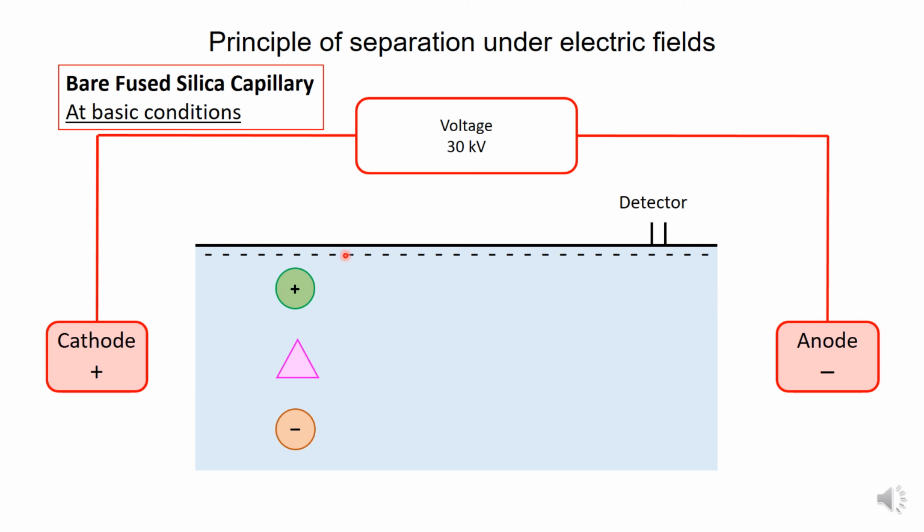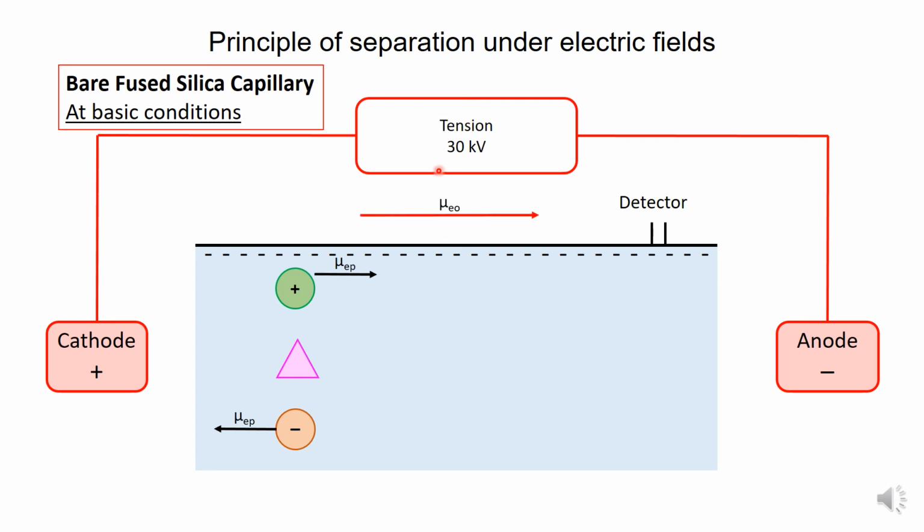So we have a deprotonated silica capillary, and then we have, of course, the electrophoretic mobility of our compound. And remember, the cation has an electrophoretic mobility in that direction, the anion has an electrophoretic mobility in that direction, and the neutral has no electrophoretic mobility because there is no electric force.